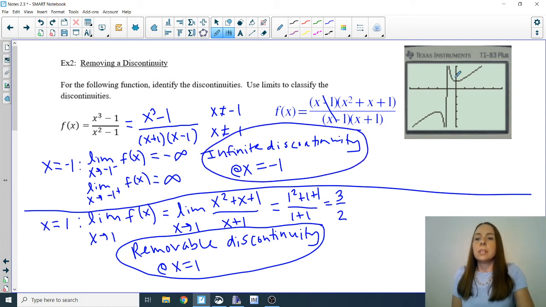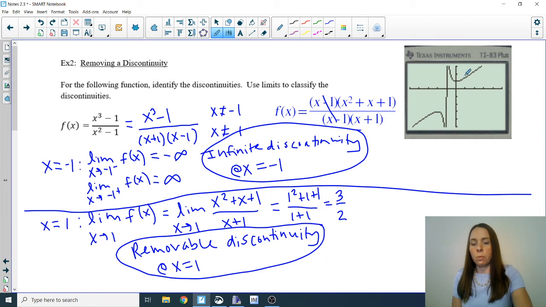All right, finally, the reason I screenshotted this was because I wanted to show you something that's kind of deceiving on your calculator. The calculator graph only looks like there's one point of discontinuity, at x equals -1. You know, though, that there is also a discontinuity at x equals 1. The calculator just does not do a good job of showing that to you on the graph.